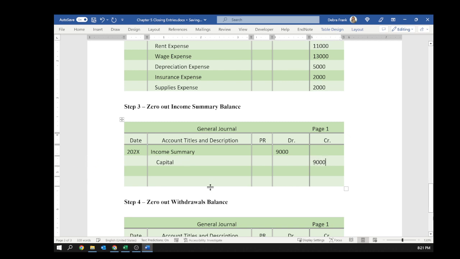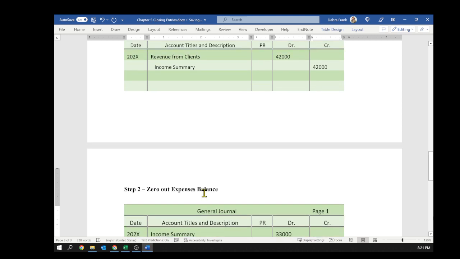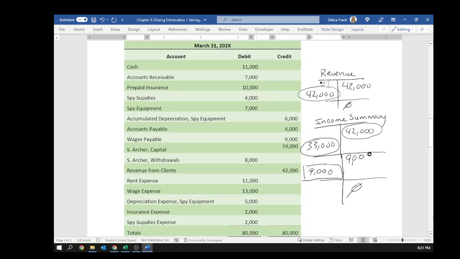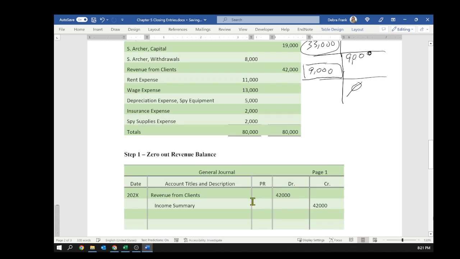Perfect. All right, so we closed out that. So now all our temporary accounts, revenue, expenses, the income summary, they are all closed. Let's put that in.